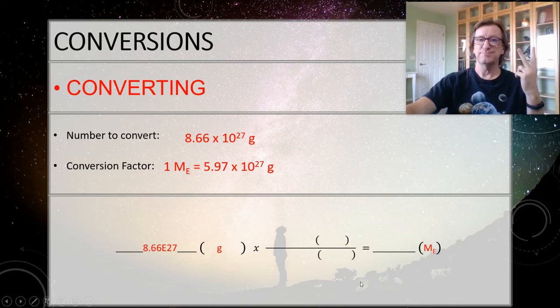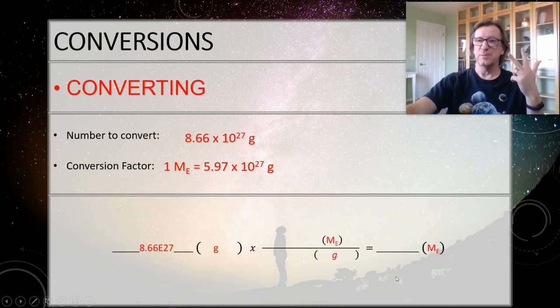Step 2 is what? Put your units in here. I want grams to cancel. Where do I want it? I want the grams in the bottom this time, and so my ME is going to be in the top. Step 3, what is it? Step 3 is these numbers are glued to their units.